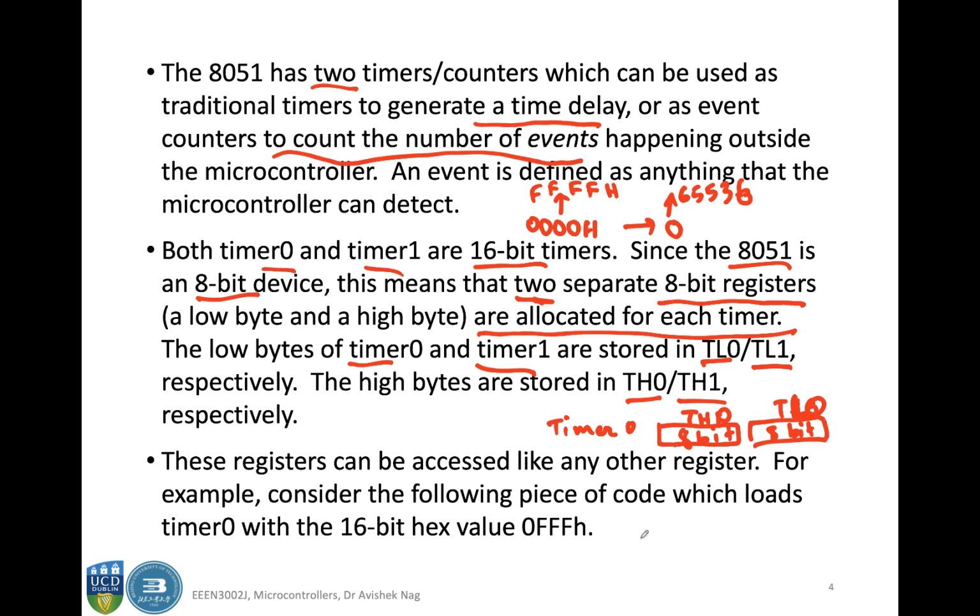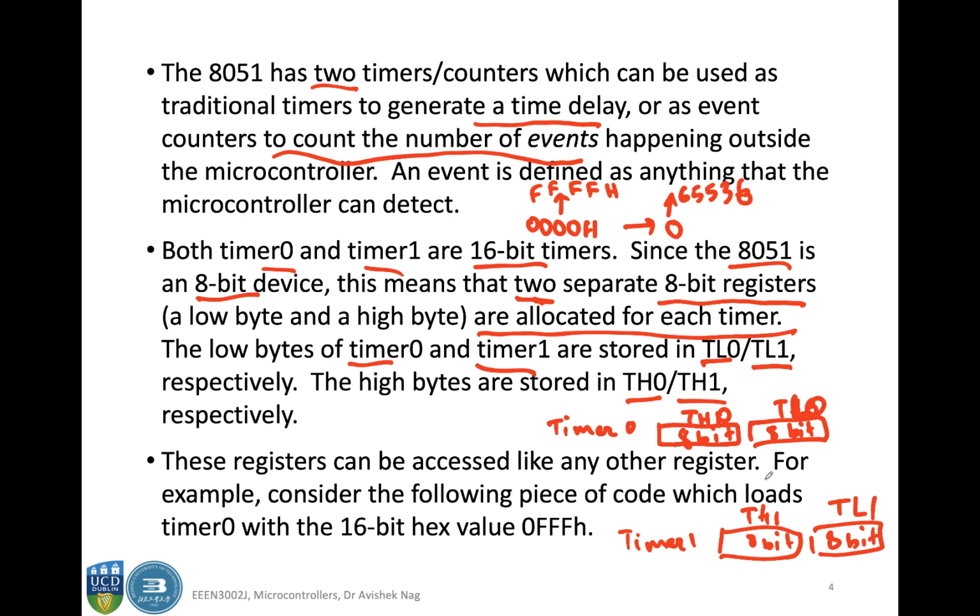For timer 1 this will be TH1 and TL1. Okay, so TH0 TL0 forms timer 0, TH1 TL1 forms timer 1, and each of these registers is 8 bits.